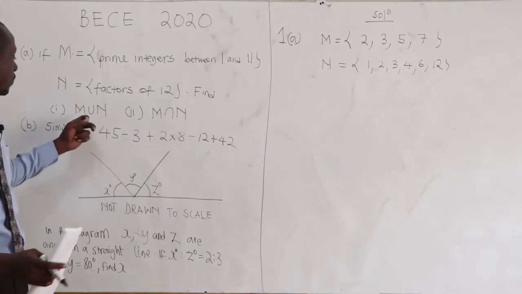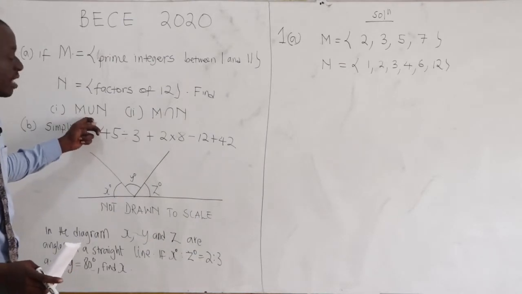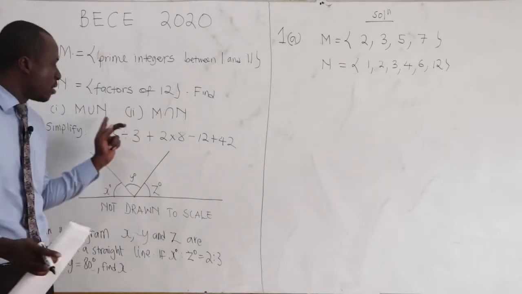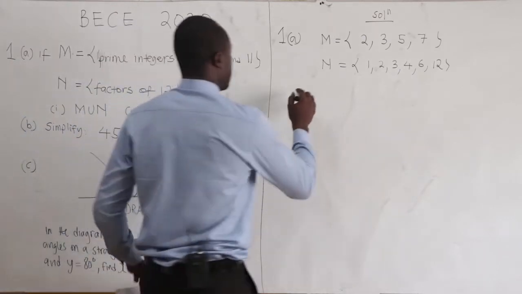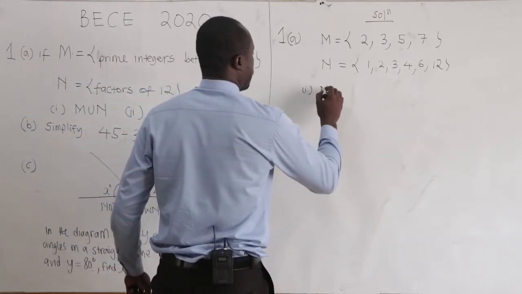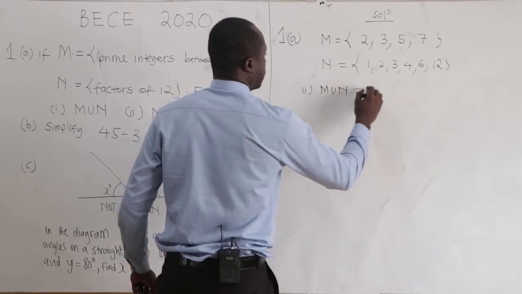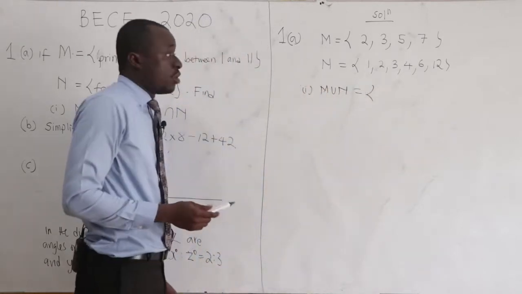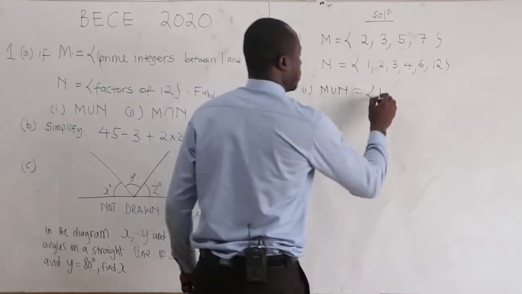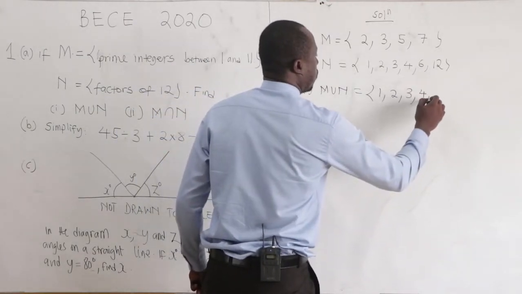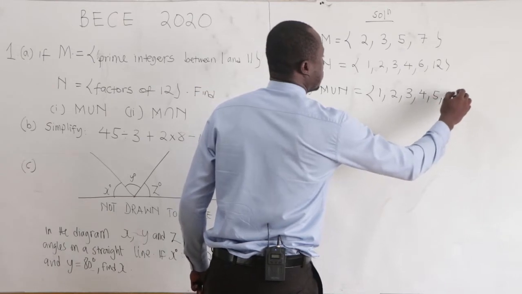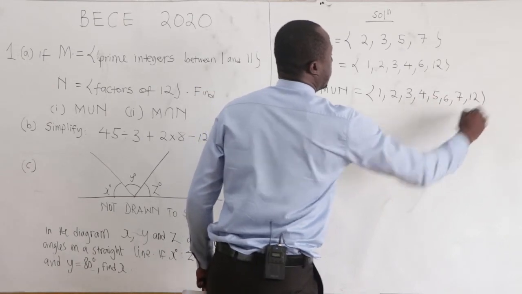Now the first one says you should find M union N, elements that belong to M or N or both. So that is 1, 2, 3, 4, 5, 6, 7, and then 12.